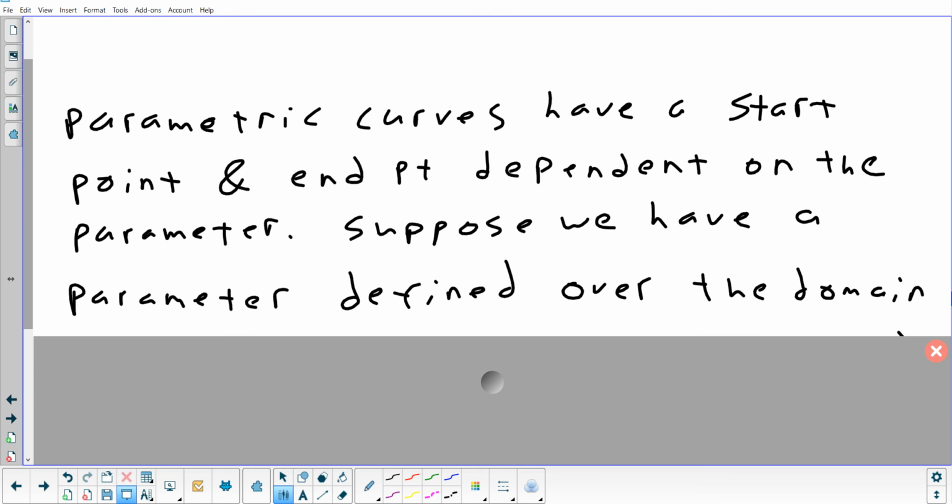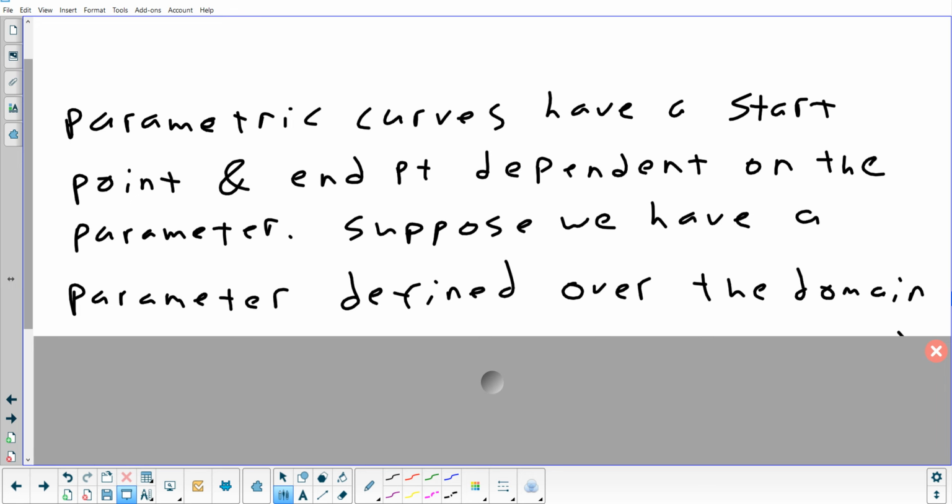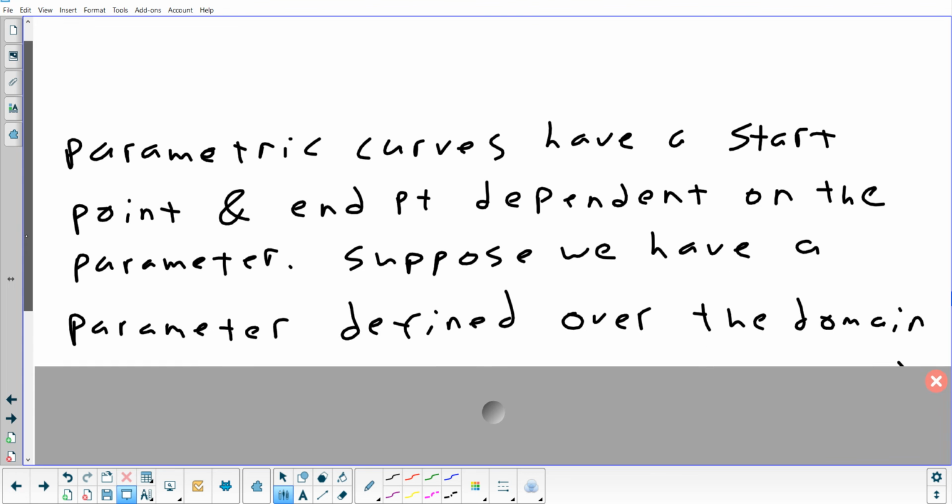So suppose that I have a domain or a parameter defined from A to B. In a real problem, the A and the B will be numbers, like 0 to 6, 2 to 7. But there'll be a low value and then a high value. If you want to find where a graph starts and stops, there's 4 calculations you need to do.